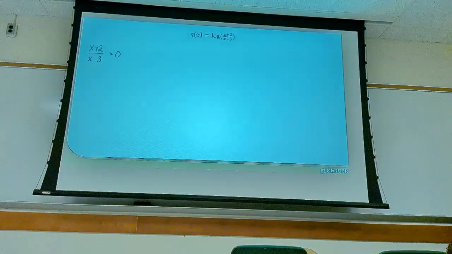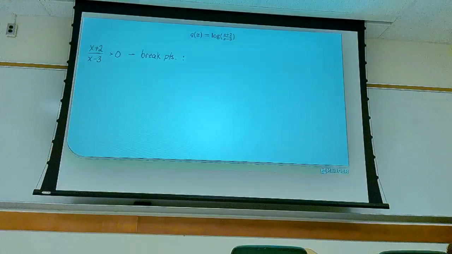Would the breakpoint be like x plus 3? So breakpoints are anywhere the function is 0 or undefined. X minus 3. This is a real simple rational function to work with.